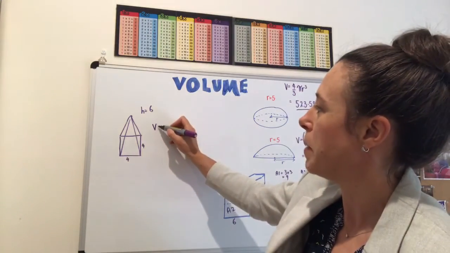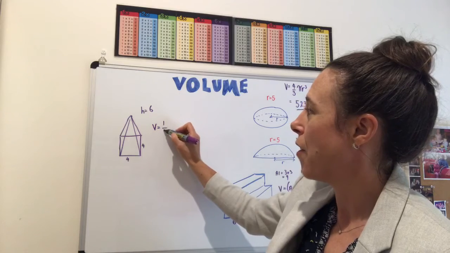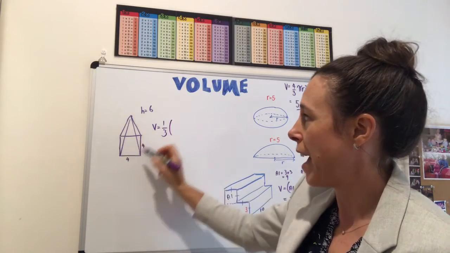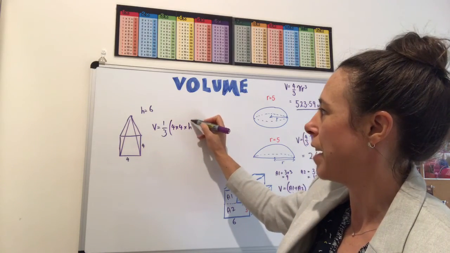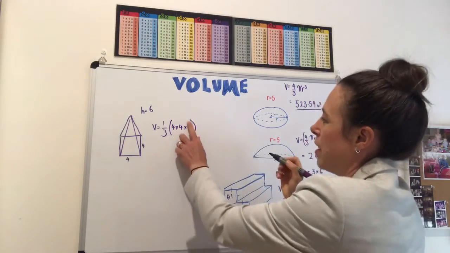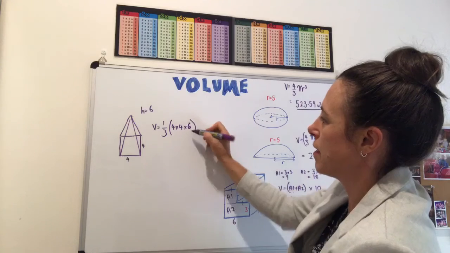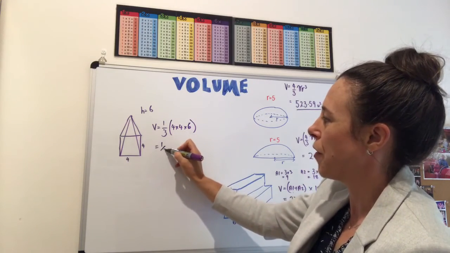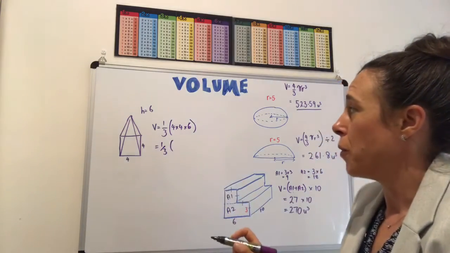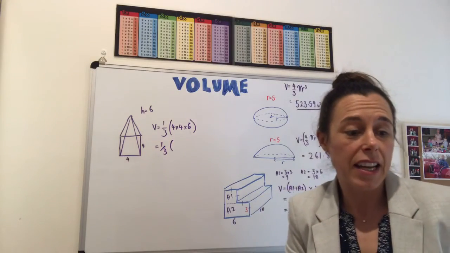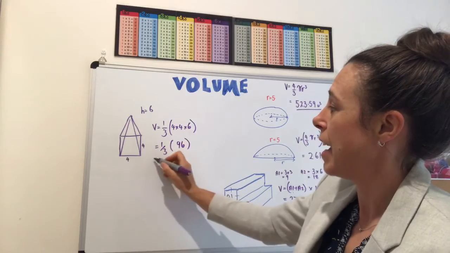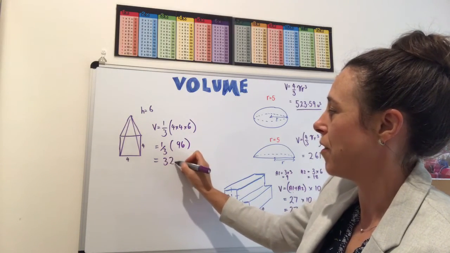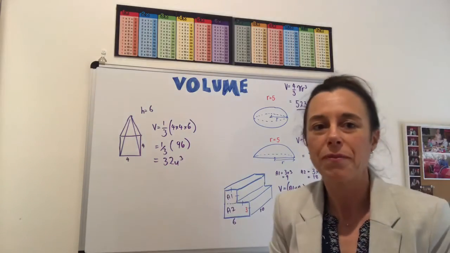Okay, so our volume is going to be 1/3 of the area of the base times the height, which in this case is 6. Okay, so 4 4s are 16. 16 times 6 gives us 96, and 1/3 of that is 32 units cubed.